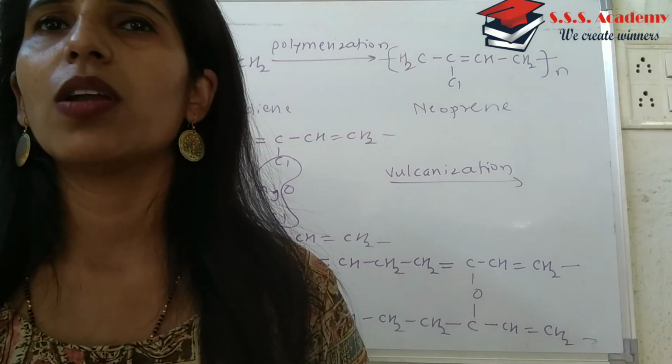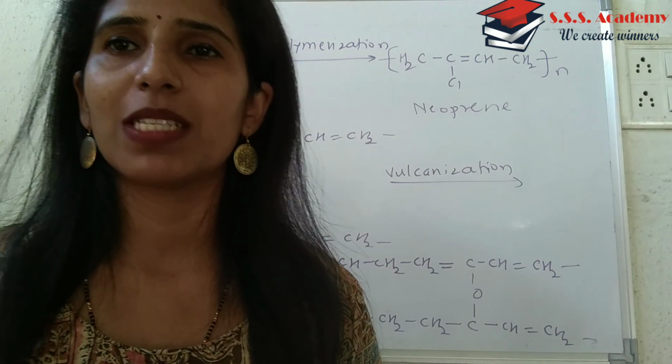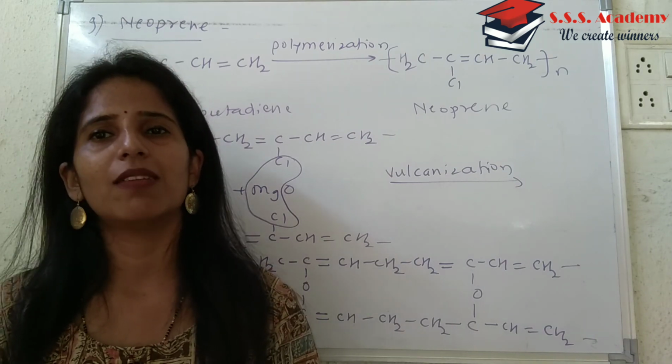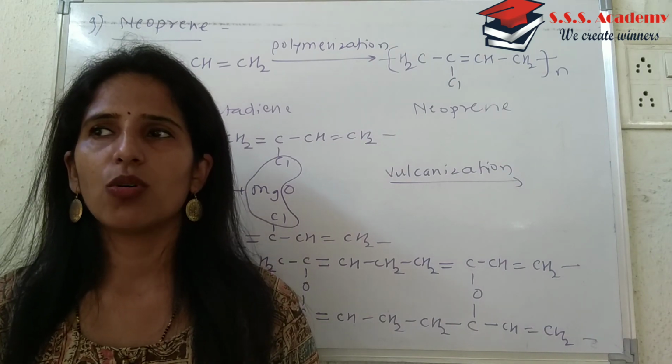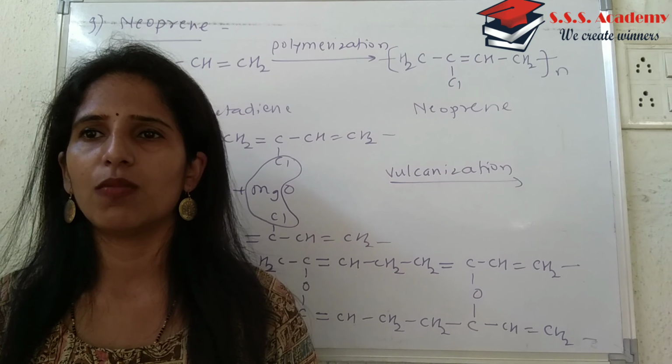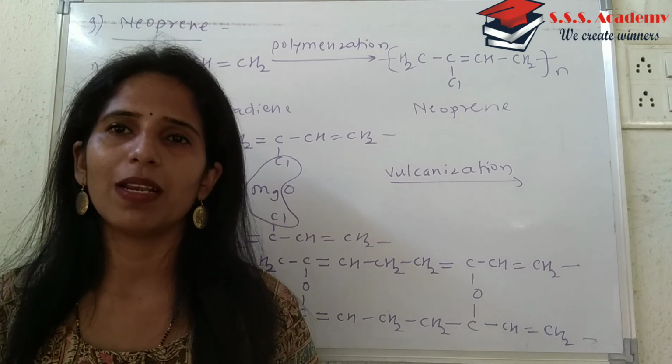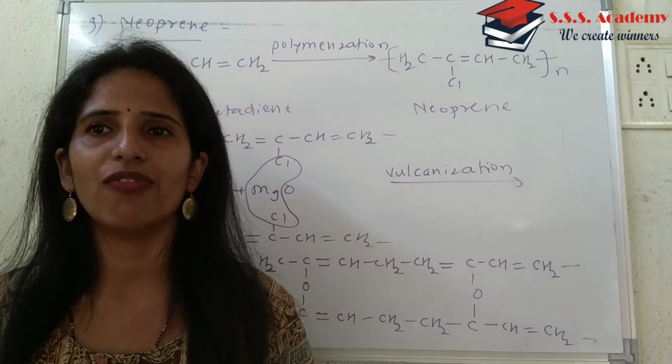Next you will write something about viscose rayon, the 10th polymer. Now viscose rayon is basically obtained from cellulose, which is nothing but wood pulp, and that wood pulp is converted into viscose rayon. Cellulose is a linear polymer of glucose, and it is said to possess the formula (C6H10O5)n.